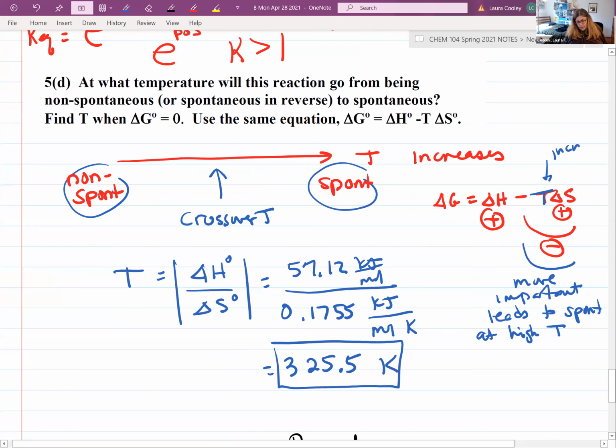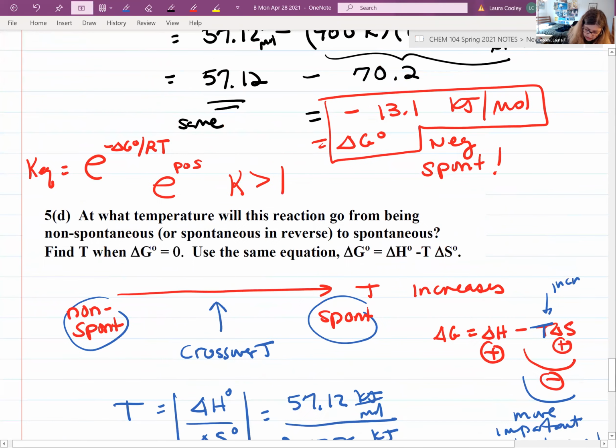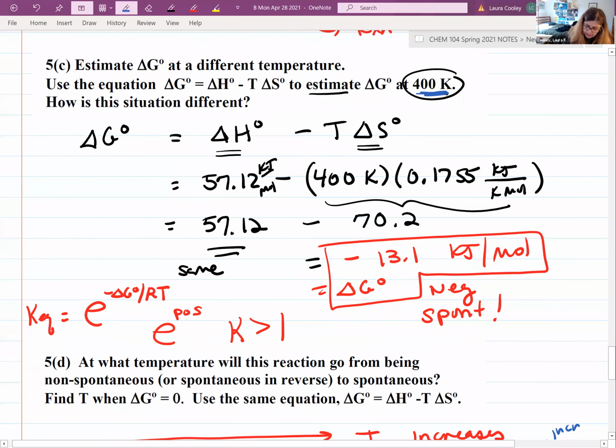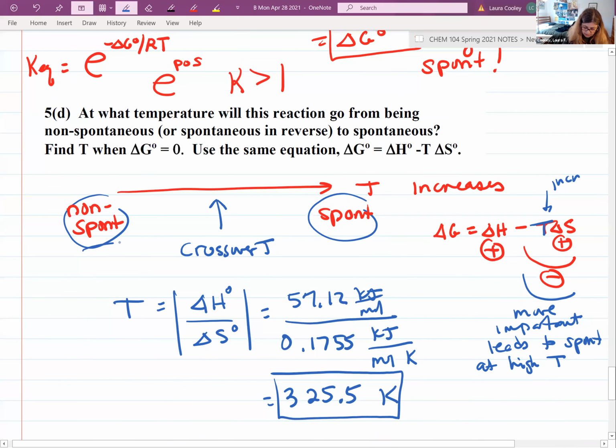So you can see that at 400, you're higher than that crossover temperature, so the reaction has gone from being non-spontaneous to spontaneous. So above that temperature, the delta G0 will be negative. Below that temperature, the delta G0 will be positive.